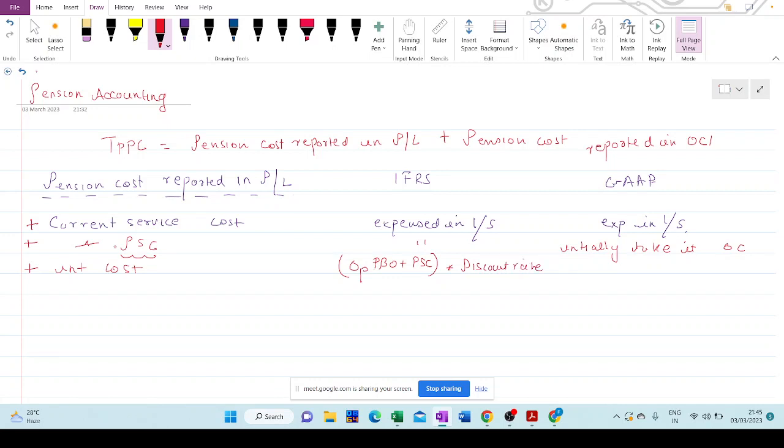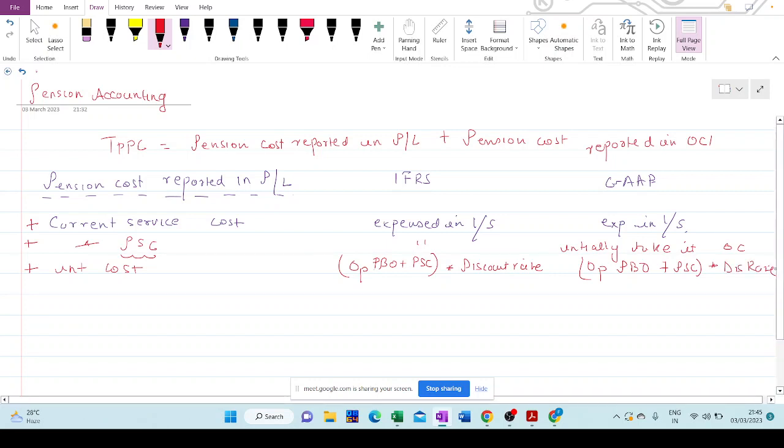And in GAAP, interest cost was calculated in a similar manner. So basically, interest costs are the same under both IFRS and US GAAP. We are adding the interest costs on our pension plan liabilities.